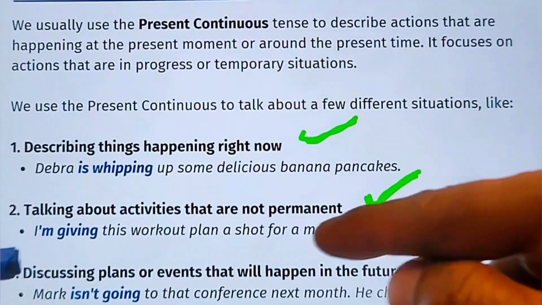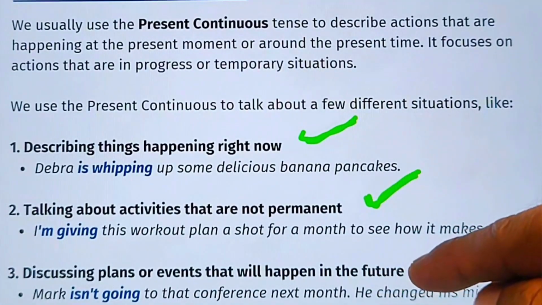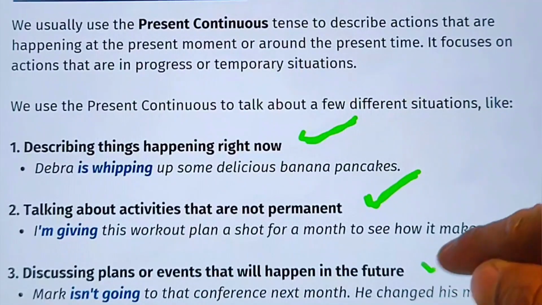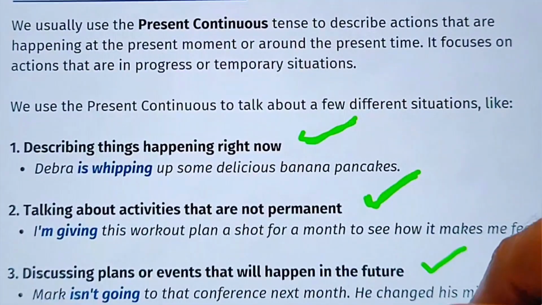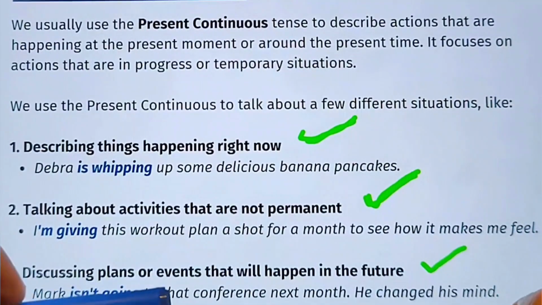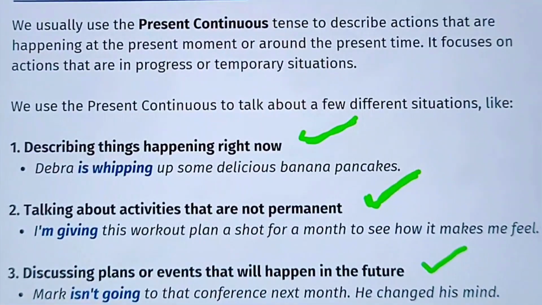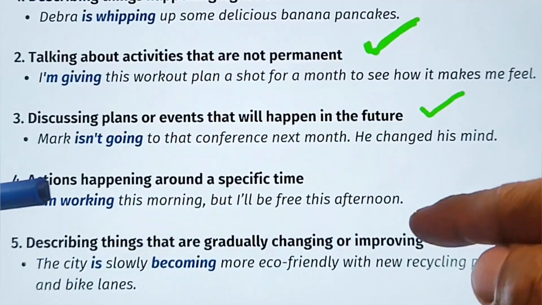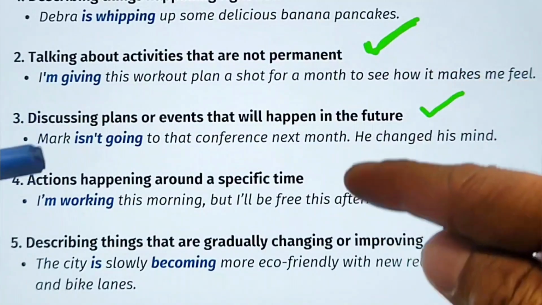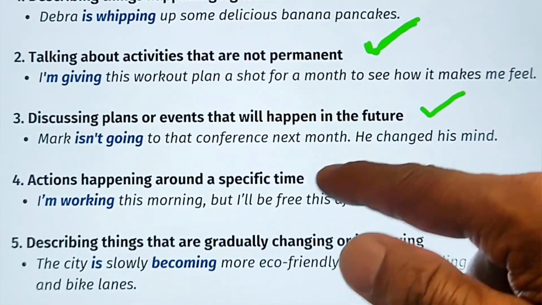And discussing plans or events that will happen in the future. For example, Mark is not going to that conference next month. He changed his mind. And we're using it here as well for action happening around a specific time.